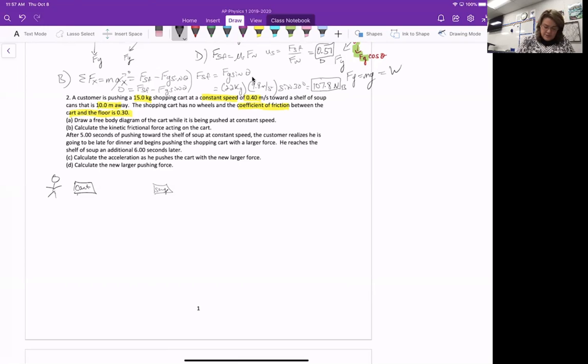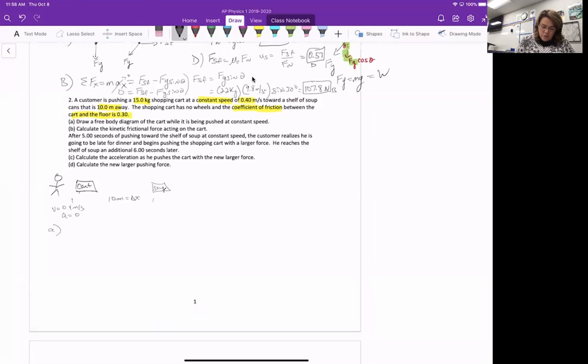I know this is 10 meters. It's going to be delta X right there. I am moving with a velocity of 0.4 meters per second. I know acceleration at that moment is 0. I have velocity, I have acceleration, I have delta X. I have a feeling we're going to need it. A.